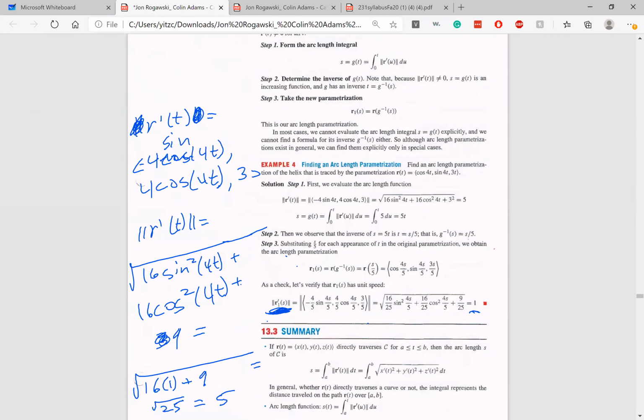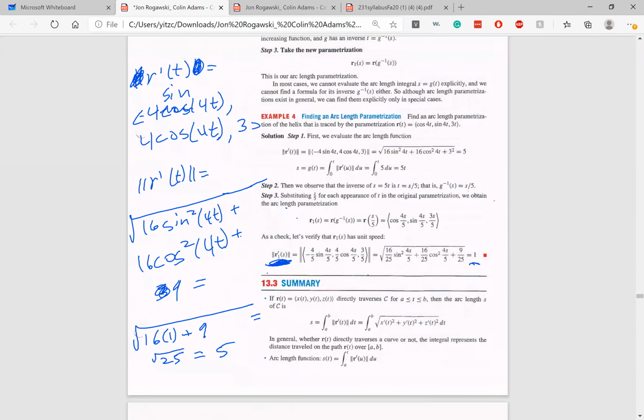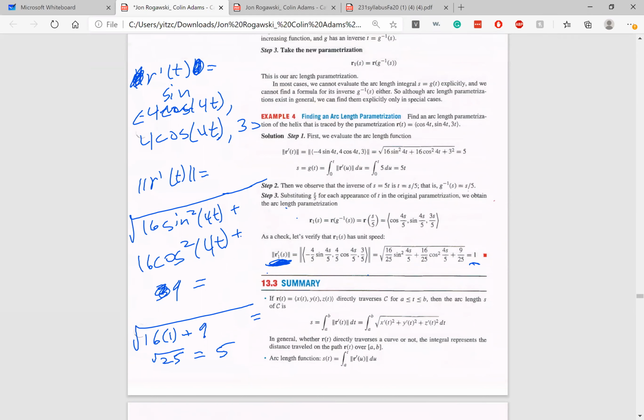So now we know that at each point, our velocity is 5. And we want to make it so that at each point, our velocity is 1. The way to do that is by thinking about what function we can plug in to make the velocity 1.